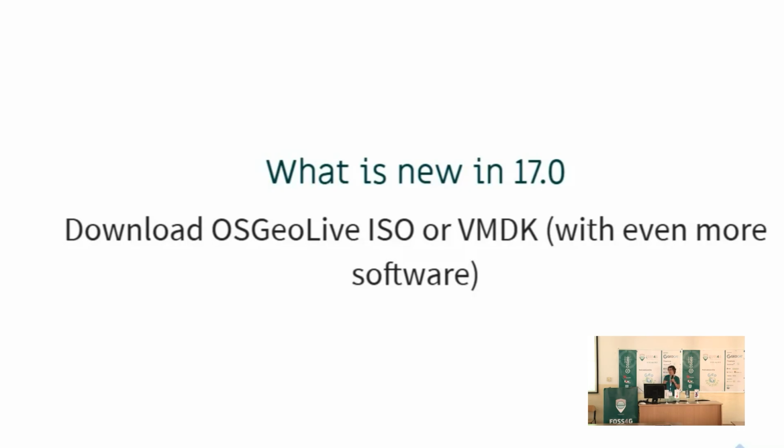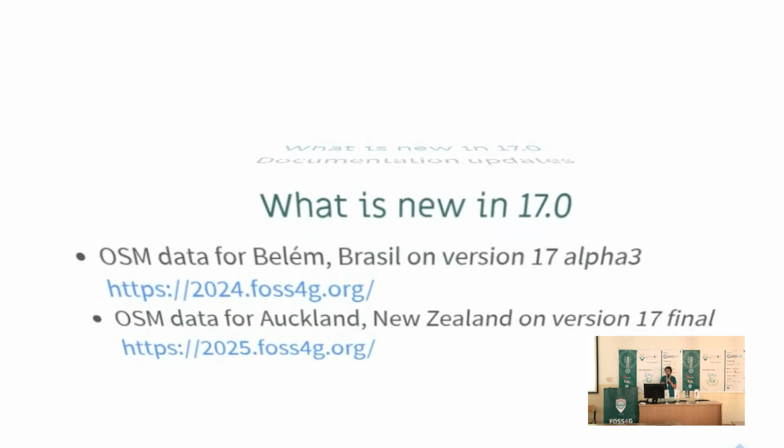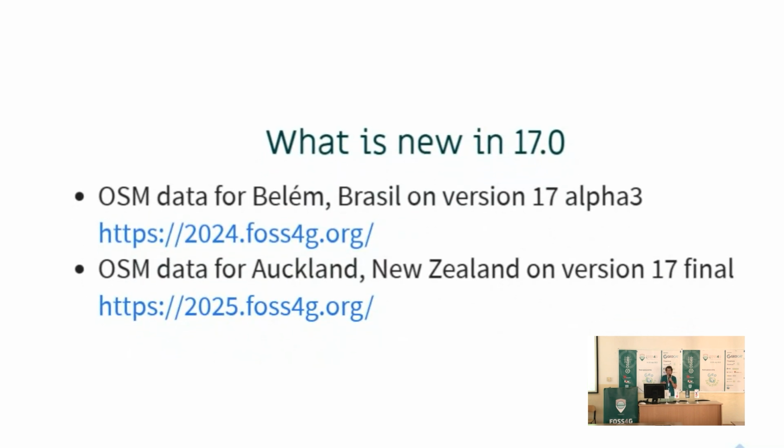At the moment, we have some more things that we have to do until version 17. We did already some documentation updates. We got new translations. You will see OSGeoLive is translated to some languages. We have a new documentation for one project in version 17. And what we always do for the next version, we download the OpenStreetMap data for the region where the next FOSS4GE takes place.